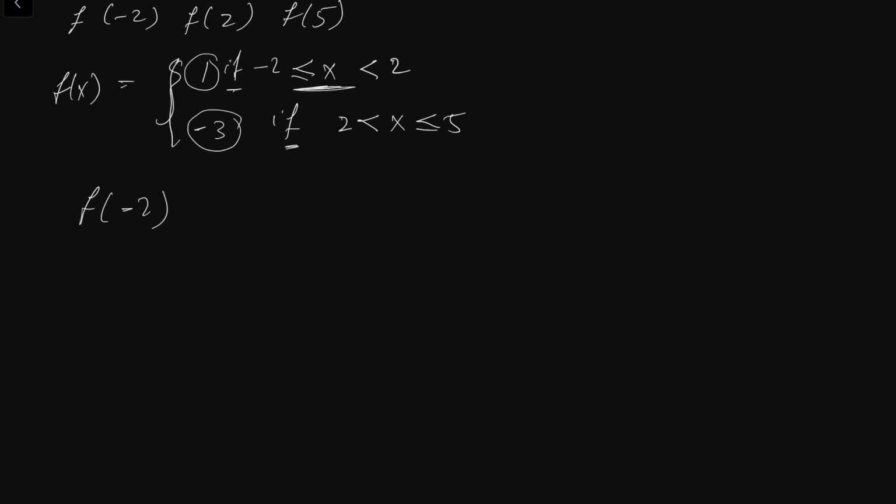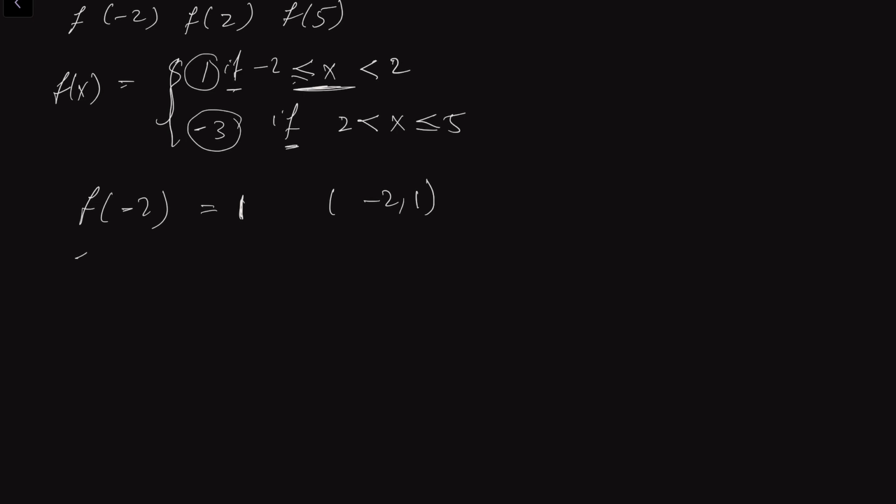We know already when x is -2, it equals 1. So this is known because x is greater than or equal to -2. All right. So the first point is (-2, 1).